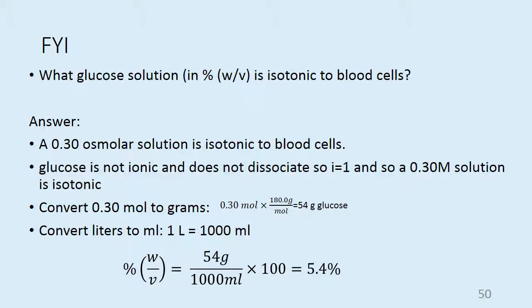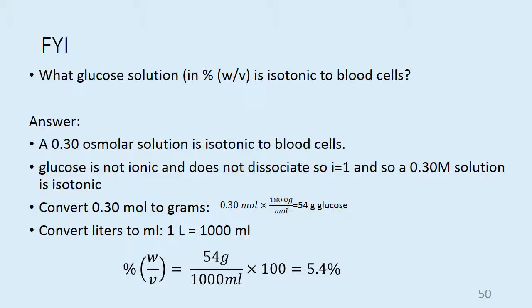So I'm going to convert 0.3 osmolar sugar back to percent and see what that is. Little i is 1 because sugar does not dissociate, and so a sugar solution that is 0.3 molar will also be isotonic with blood.